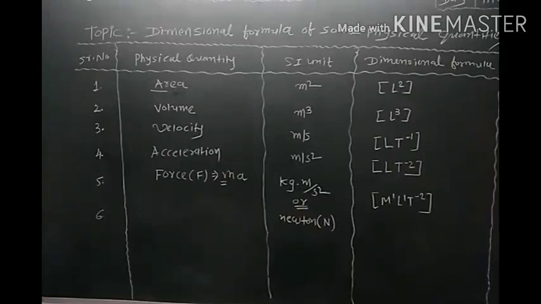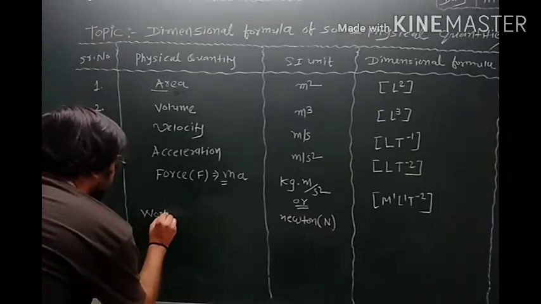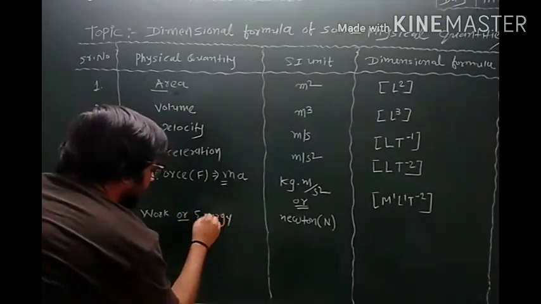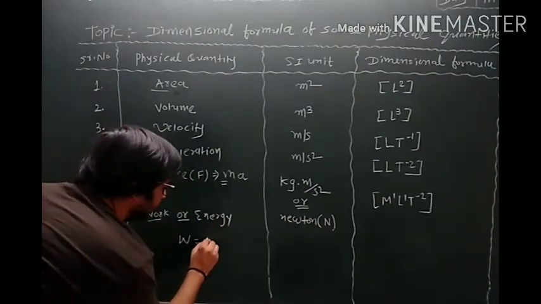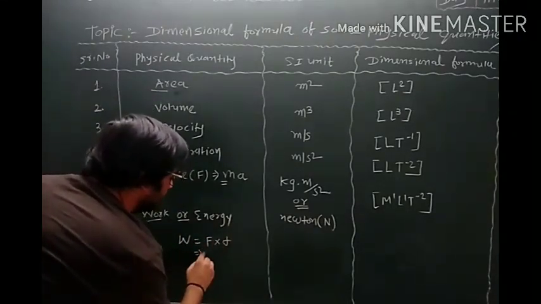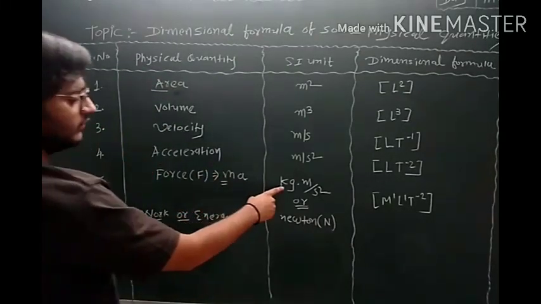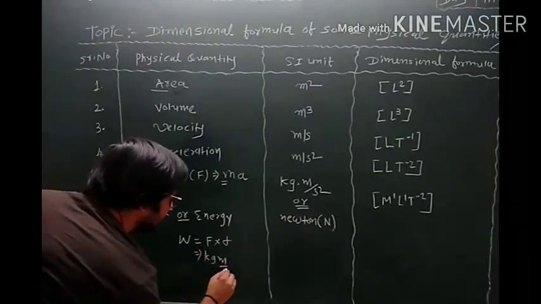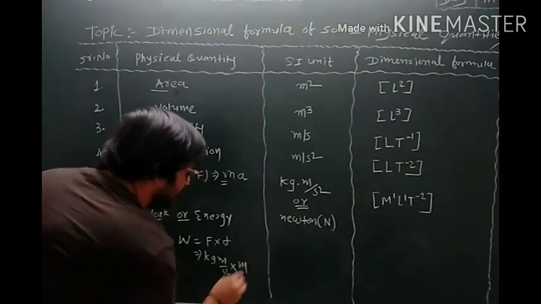Now we take another physical quantity, that is work or energy. The formula of work is W equals force into displacement. The unit of force is kilogram meter per second square, and d is the displacement measured in meter.